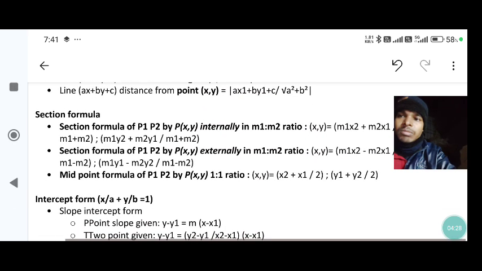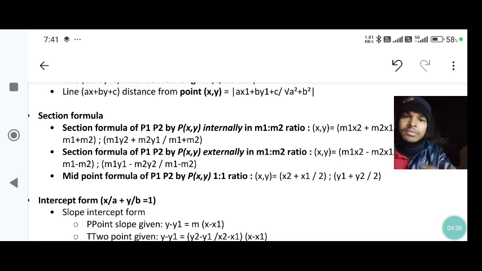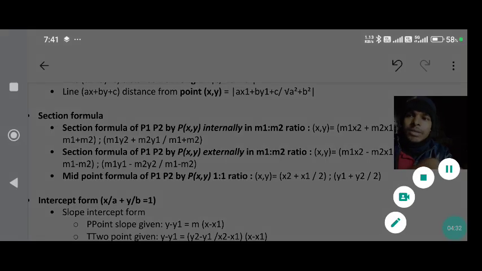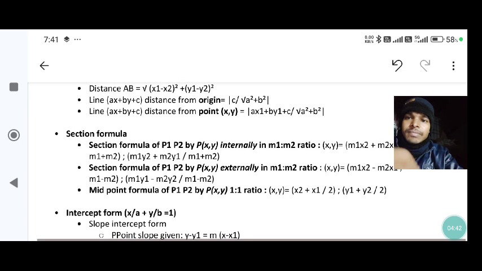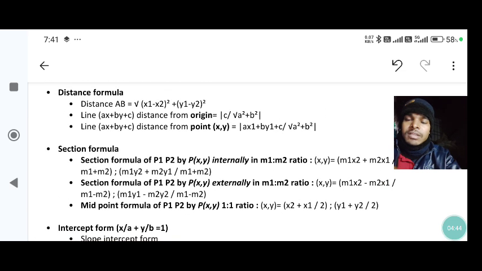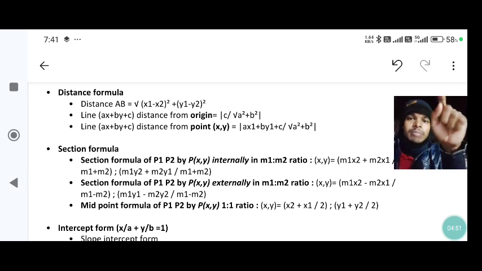And the section formula of P1 P2 formed by point P (x, y), sectioned externally in the ratio m1 is to m2. Then the coordinate x is m1 x2 minus m2 x1, this time we are subtracting, divided by m1 plus m2.